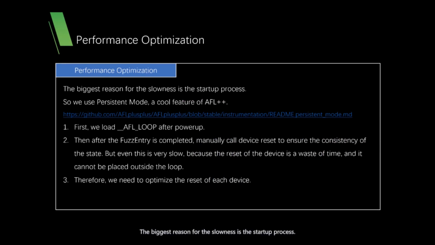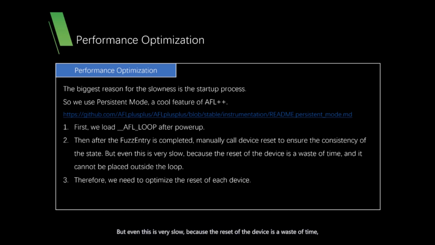The biggest reason for the slowness is the startup process, so we use persistent mode, a core feature of AFL++. First, we load the AFL loop after power up, and then after the fuzz entry is complete, we manually call device reset to ensure the consistency of the state.